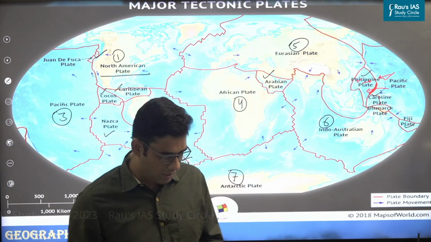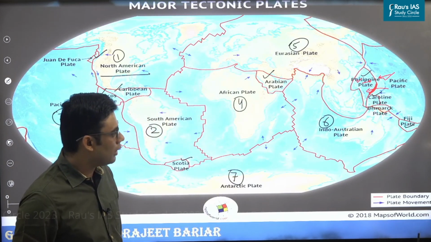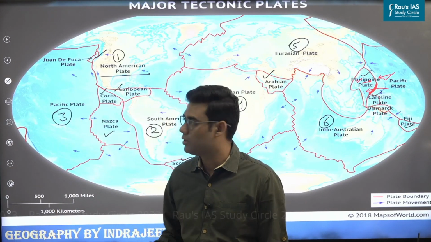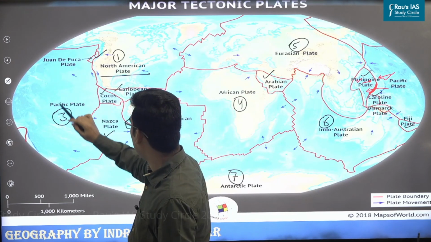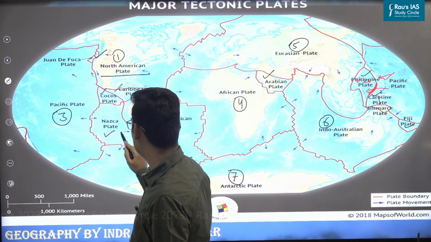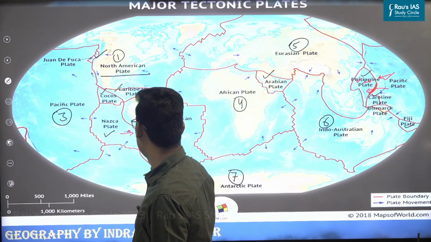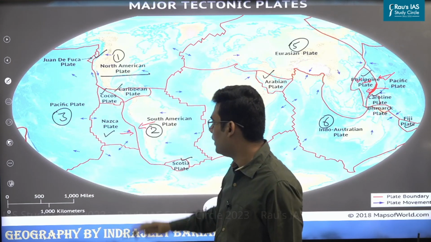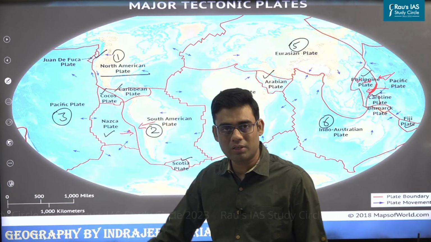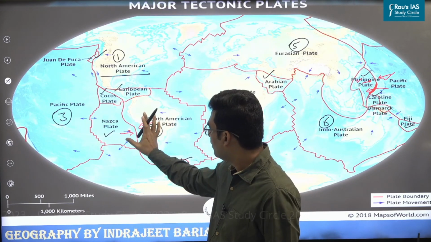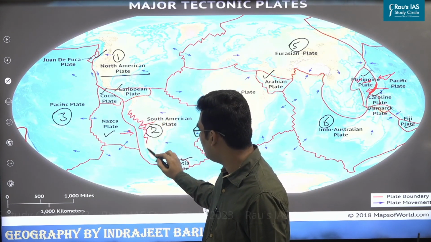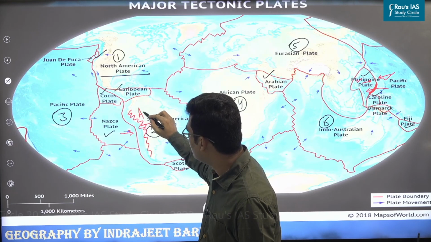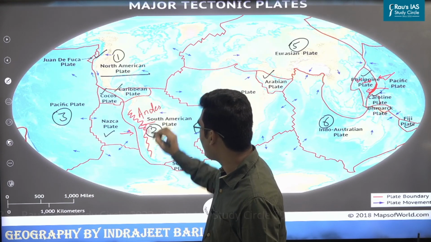That's the first example. Second example, that is OC-CC convergence. In case of OC-CC convergence, a popular one can be the Nazca plate converging with the South American plate. The OC-CC convergence has led to formation of fold mountains over here, which are Andes.